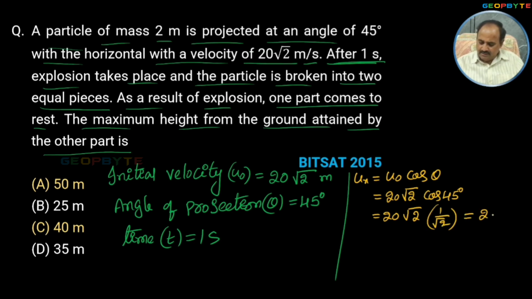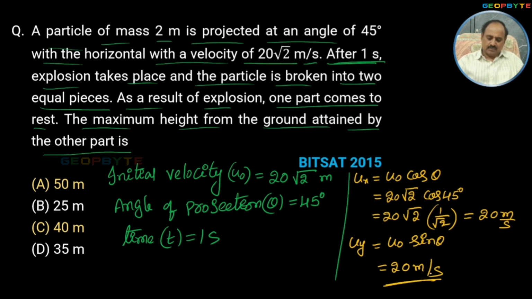Root 2 cancels. It is 20 meter per second. Similarly, the vertical component of velocity is u naught sin theta. Since theta is 45 degrees, sin 45 degrees equal to cos 45 degrees. It is also equal to 20 meter per second. Okay.